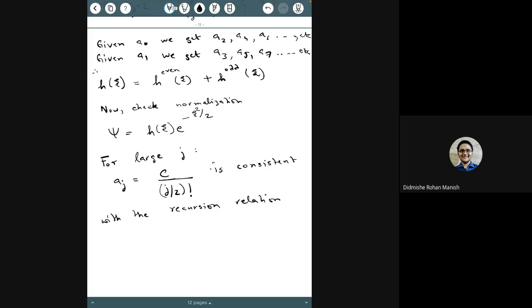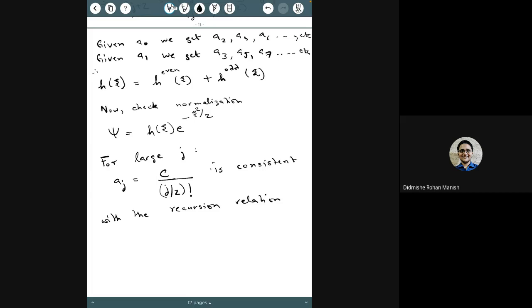Now this again I am just pulling out of the hat, so I'm sorry. This is something that people guessed. But there are gaps of 2, intuition, right? I mean, aj plus 2 and aj is the relation. So the middle terms will be missing out of the factorial.